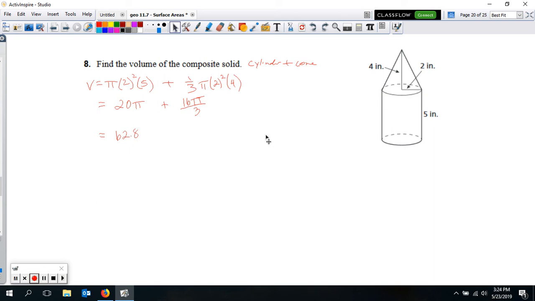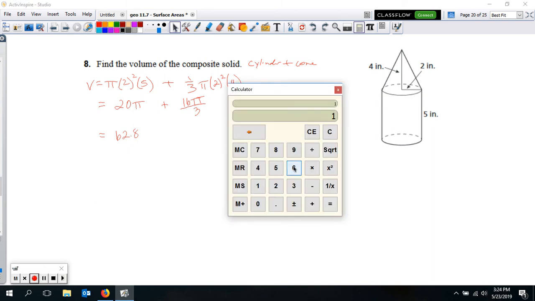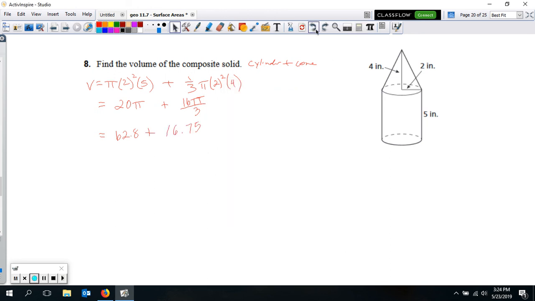And for this one, 16 times 3.14 is 50.24, divided by 3, gives me approximately 16.75. So plus 16.75, and then adding those two decimals on the calculator gives me 79.55. And since we're finding volume, it has to be cubic units, so inches cubed. All right, that concludes 11.7's lesson, and I will see you very soon on our last one, 11.8.